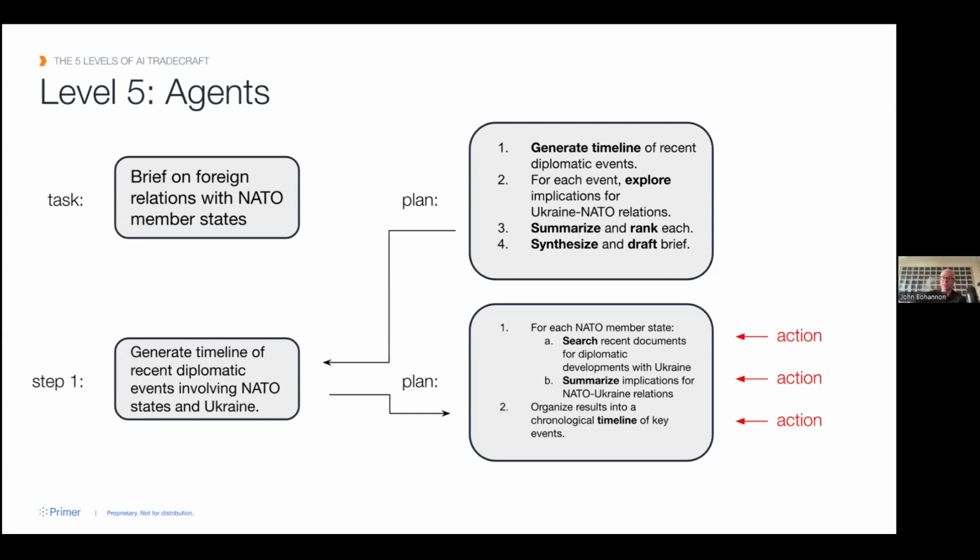Each one of these things is an action. So this is a special word when it comes to agents. And the difference between an agent and any other AI system is that agents can take actions. That's what agency implies. And so each one of these things is an action. Launching a search, generating a summary, creating a timeline. All of those are actions.